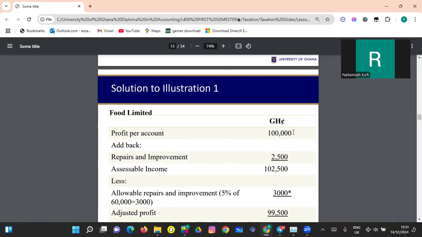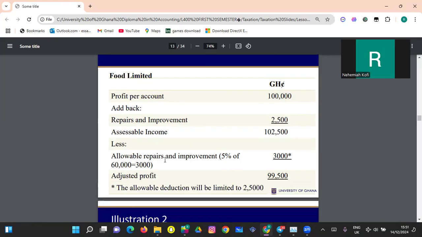So we need to add it back and then get our assessable income, because repairs and improvement with this figure is not allowed, right? So we add it back. Then we now less our allowable repairs and improvement, which is 5% of the 60,000, 3,000, right? And then our adjusted profit is now what?